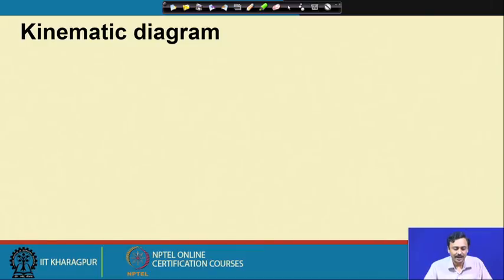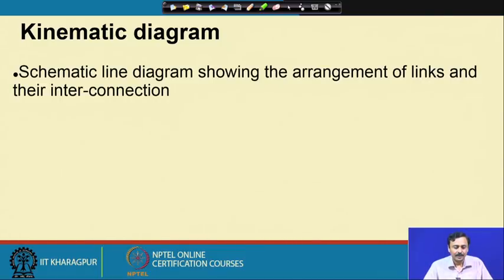So, what is a kinematic diagram? A kinematic diagram is a schematic line diagram showing the arrangement of links and their interconnections. So, we are not too much interested in the shape of the link, or how it is put in, or what kind of dimensions the link might have.